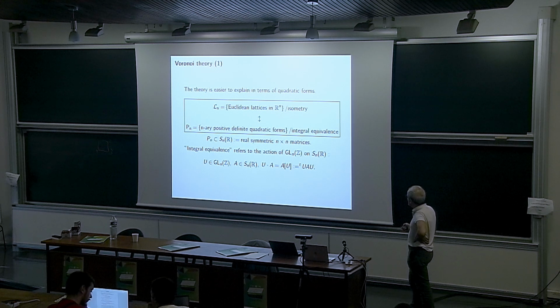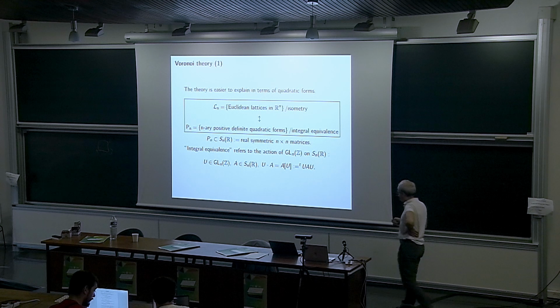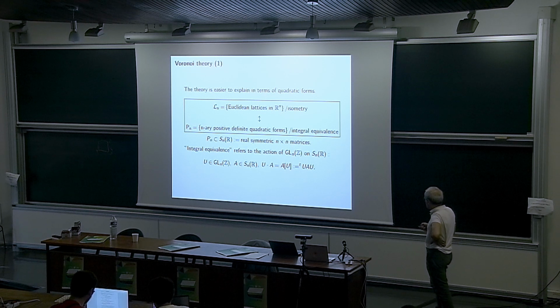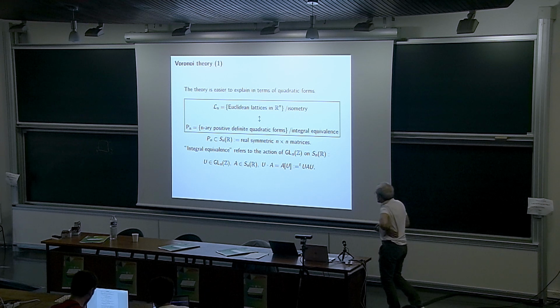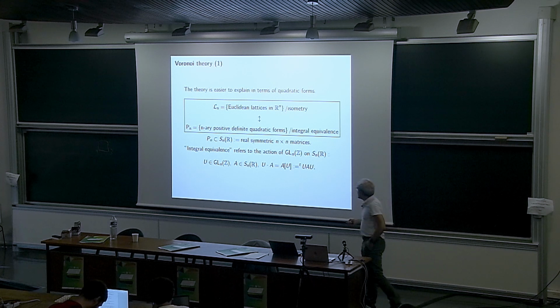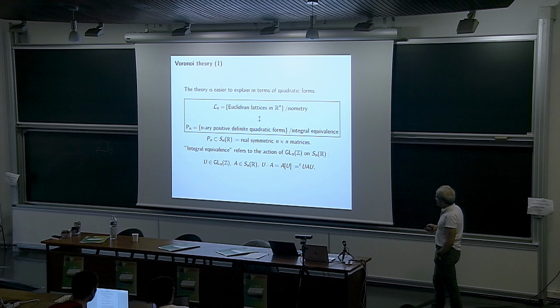I let GL_n(Z) act on the set S_n(R) of real symmetric n by n matrices, by taking the product U transpose times A times U, which I will abbreviate with this classical and standard notation. Okay, so this is the way GL_n(Z) acts in this situation.